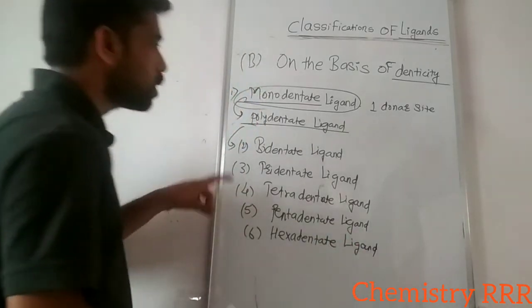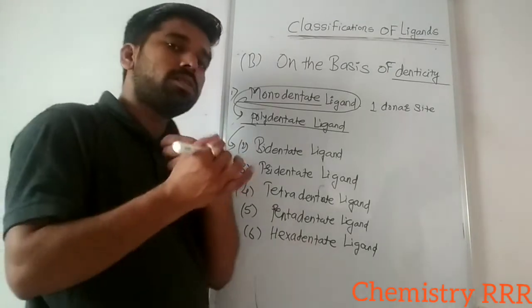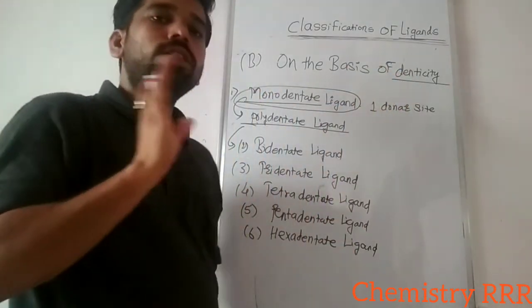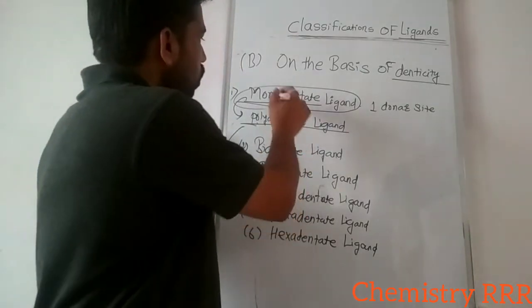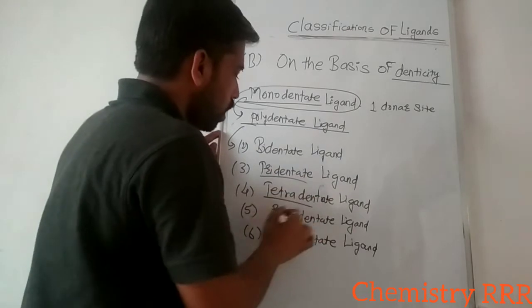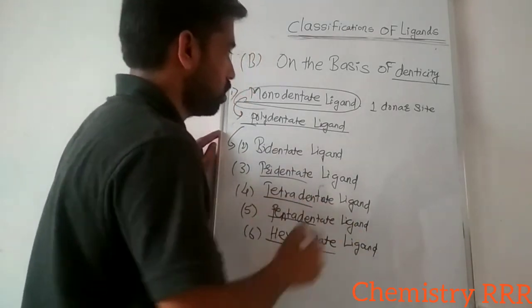This categorization depends on the number of donor sites present on the ligands. Denticity means the number of donor sites present on the ligand. This is the monodentate, bidentate, tridentate, tetradentate, pentadentate, hexadentate.